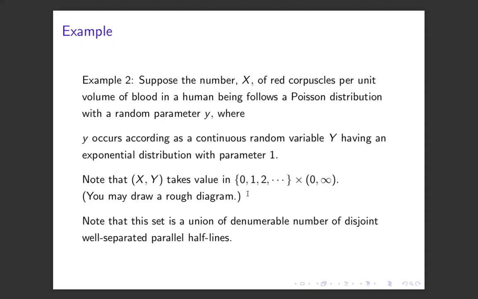So the range of this two-dimensional random variable is a union of a denumerable, countable number of disjoint, well-separated parallel half lines. You can draw a picture as you are listening to this rough diagram.